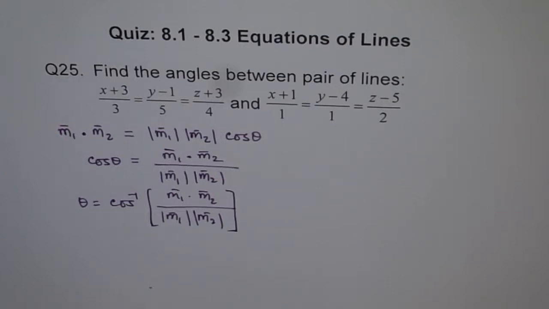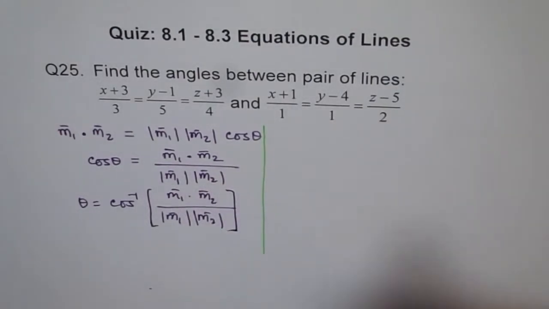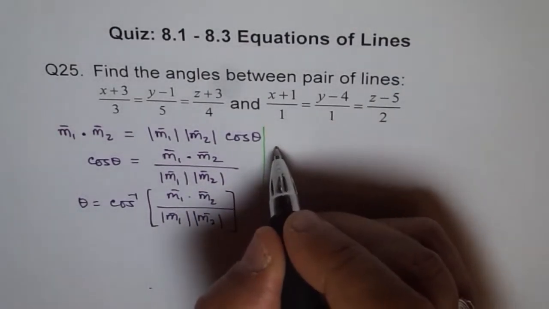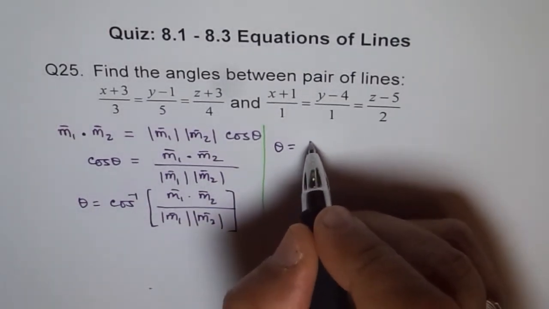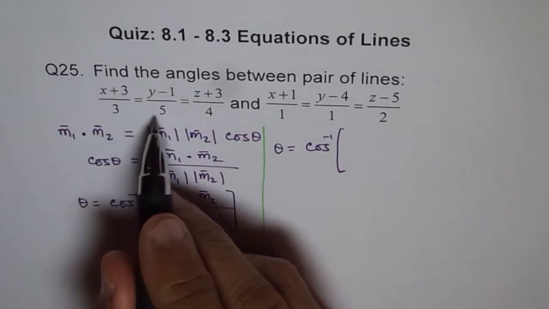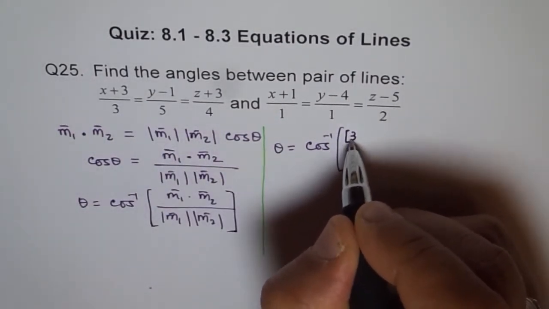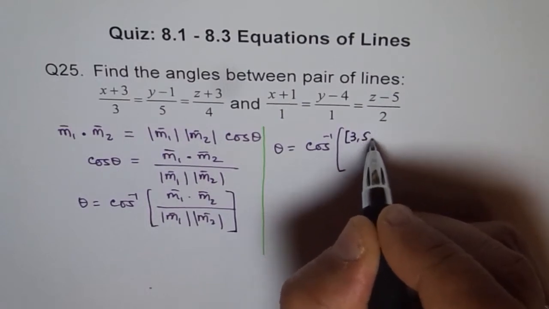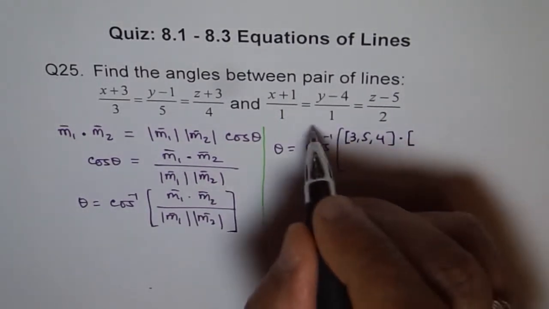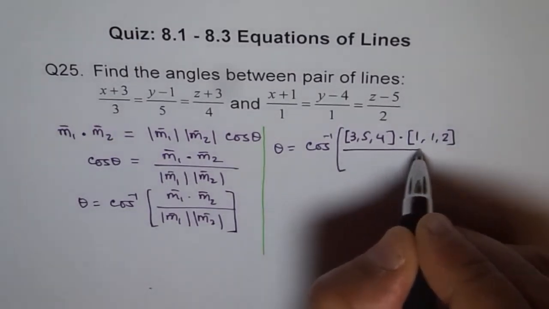Now here we will plug in the values and I will leave the calculations for you to do. So angle theta is equal to cos inverse of, what is M1? M1 is 3, 5, 4. So we get this vector M1, 3, 5, 4, dot the vector 1, 1, 2, over the magnitudes.